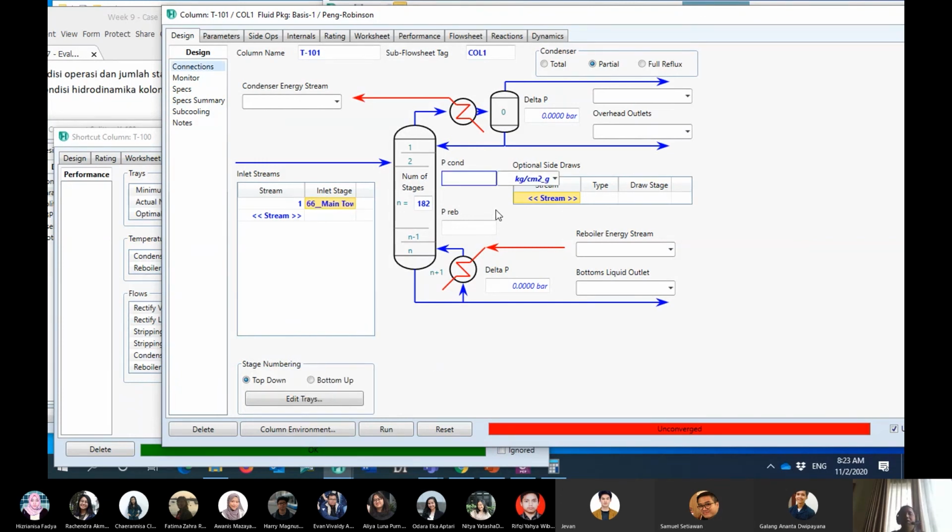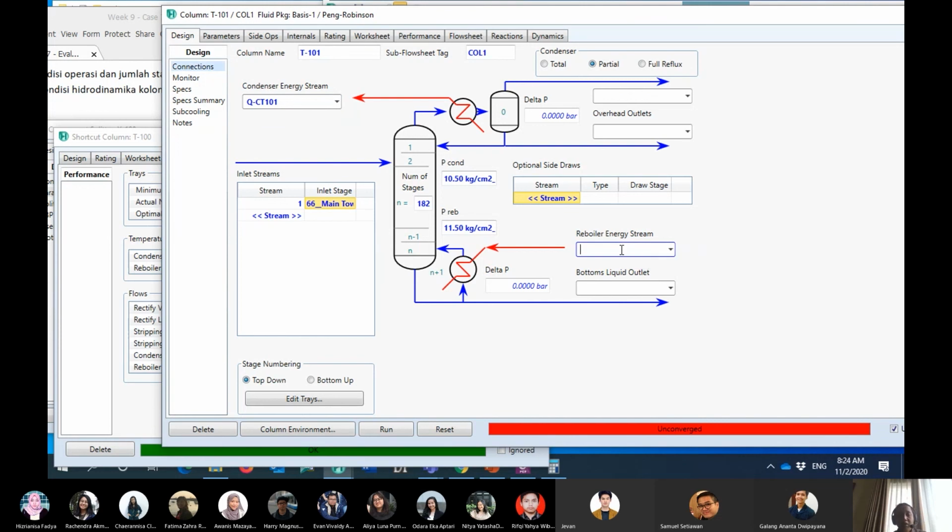Okay, for the pressure of the condenser, it will be 10.5. Okay, and then for the reboiler is 11.5. Okay, and then for the condenser, it will be QGT101.